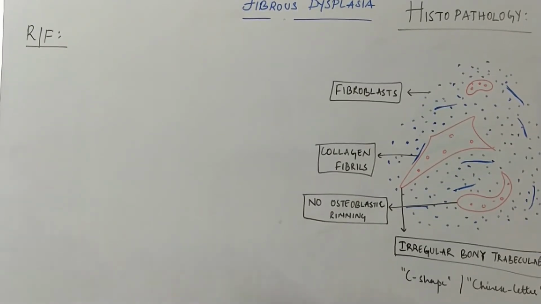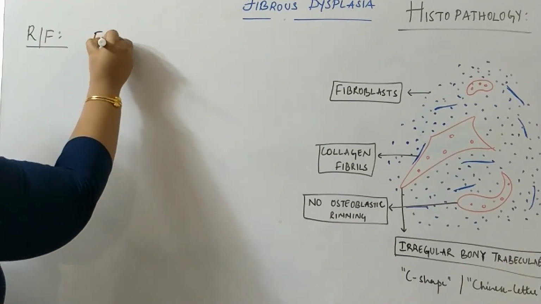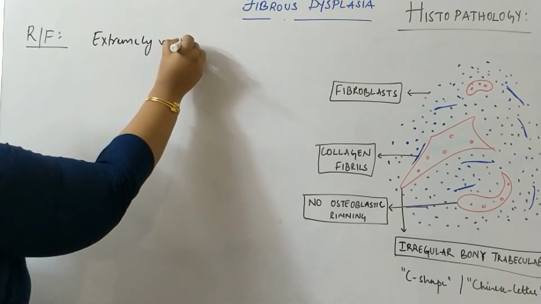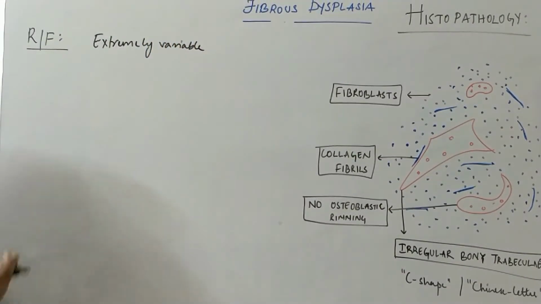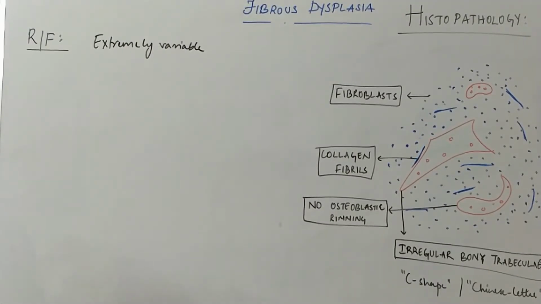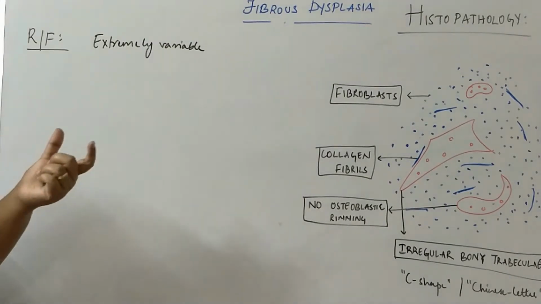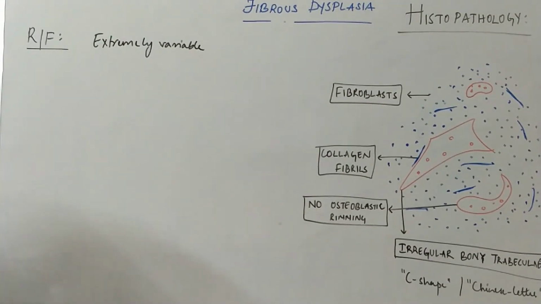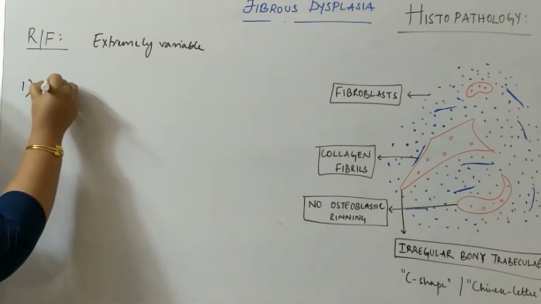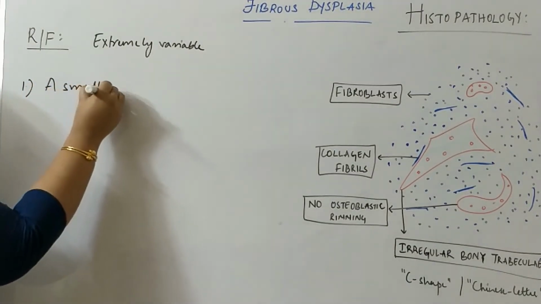It is extremely variable because the lesion keeps maturing. Initially it is a fibrous stroma and then eventually mineralization takes place. So depending on which stage the lesion is in, the radiographic appearance also changes. Initially, when the mineralization is very minimal, you see a small or a large radiolucency.